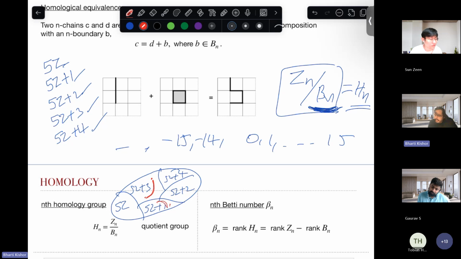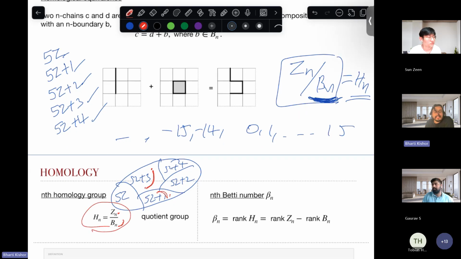So similarly, you can take any two cycles which are related by some boundary, put them in the same equivalence class, and define this nth homology group, which is Zn quotient with Bn. And my nth Betti number is nothing but the rank of this nth homology group. That's what the Betti number is, which we were talking about in the beginning: the rank of Zn minus the rank of Bn.